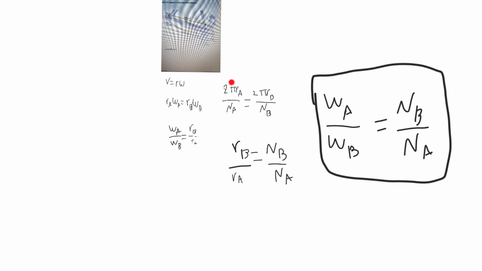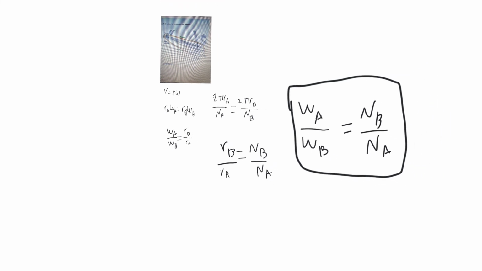The circumference of A, the big wheel, over the number of teeth of A is going to be equal to the circumference of B divided by the total number of teeth in B. What this is saying is that the gear spacings should be the same.